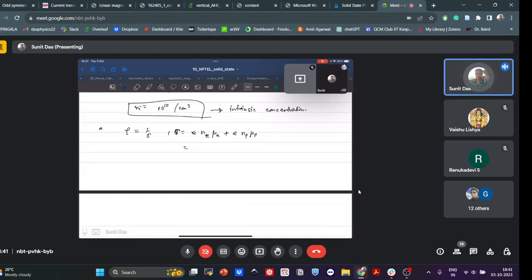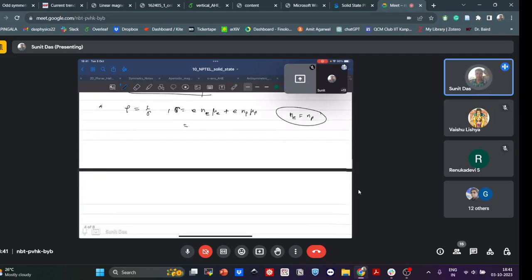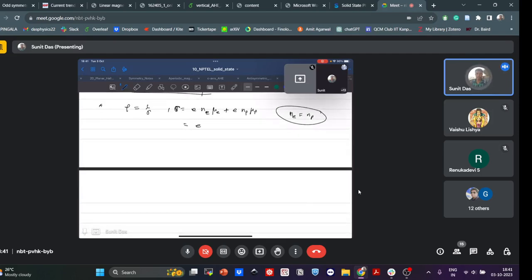Now for an intrinsic material, the number of electrons equals the number of holes. That makes the concentrations of holes and electrons equal. So this modifies to mu e plus mu p.